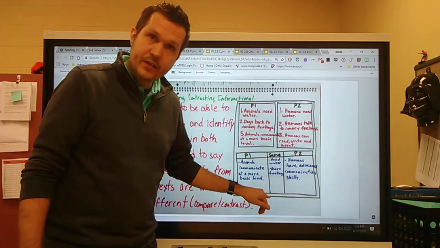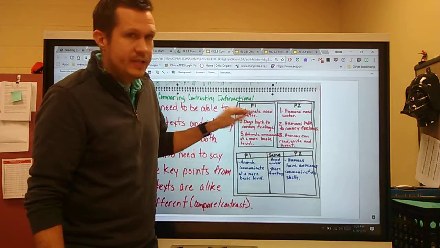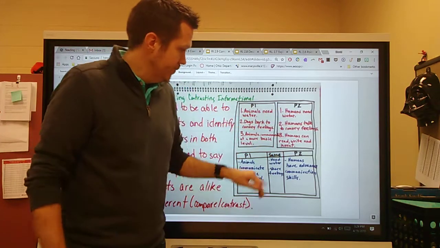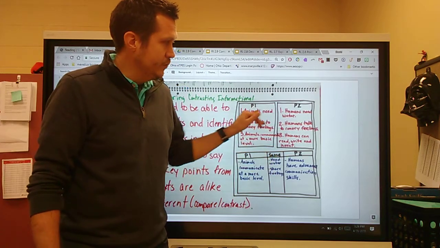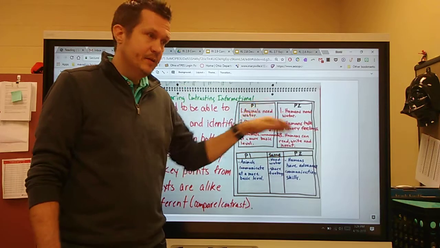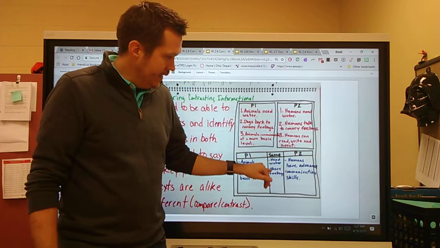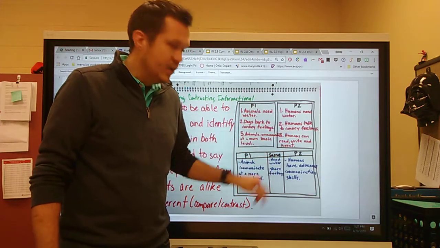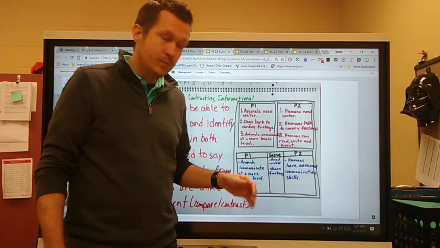In the middle here, that's where we write down what they have the same. So what does passage 1 have that passage 2 has the same of? In both passages, they talk about how animals and humans need water. That's something they have in common, so I can compare and say that's the same. And both passages talk about how animals and humans share their feelings with other things or people.